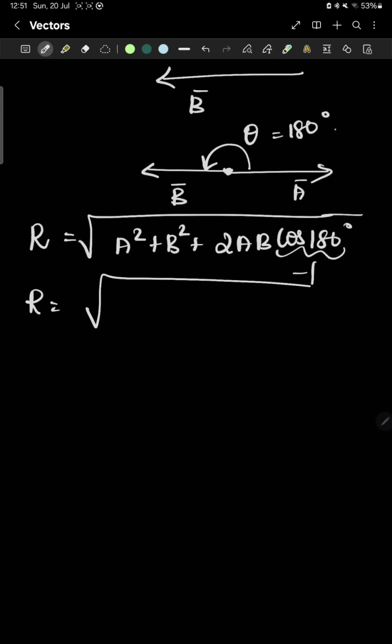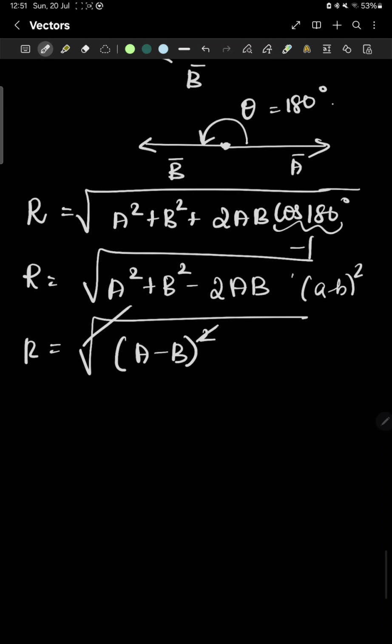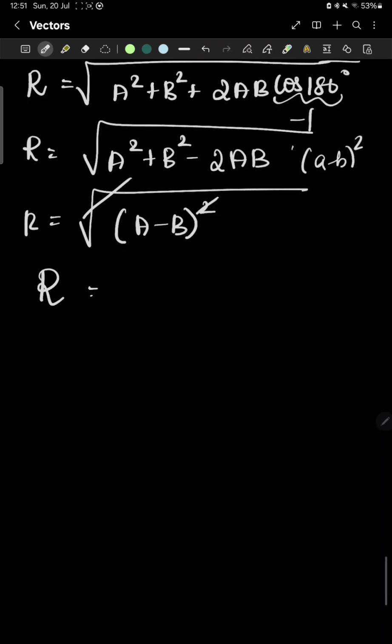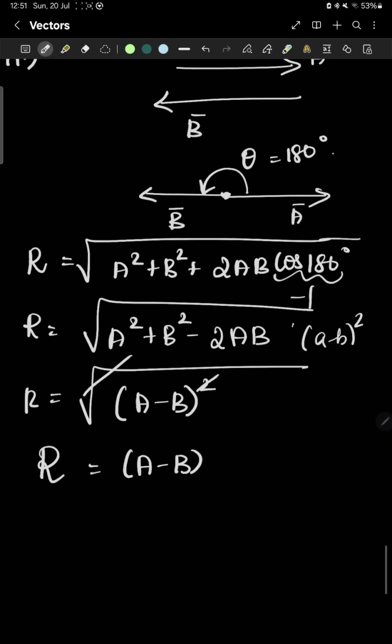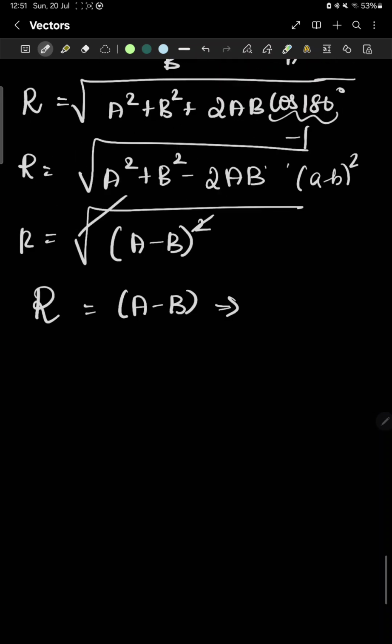So I will be getting r is equal to root of a square plus b square minus 2ab, and this is similar to a minus b the whole square formula. So I can write a minus b the whole square. I can cancel this root and square, and finally I will be getting r as a minus b when the two vectors are 180 degree to each other, and this value will be the minimum resultant value, r minimum.